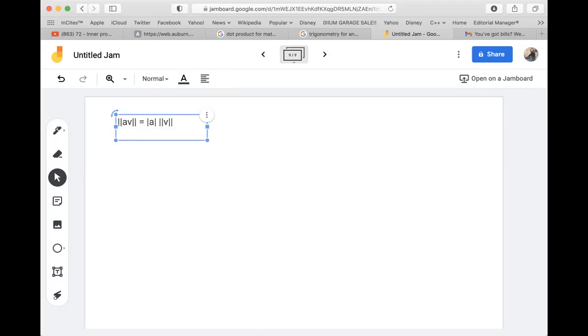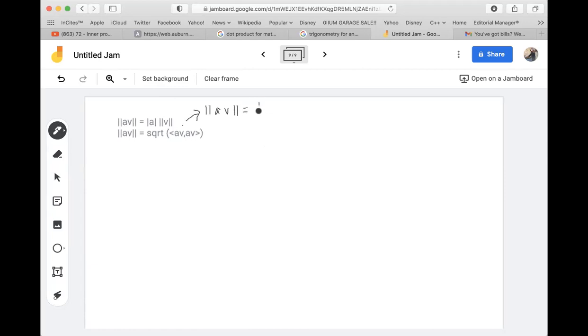For the norm, we know that the operation is equal to the square root of the inner product of AV with AV. So you will get something like this.